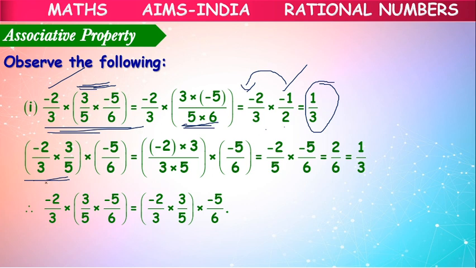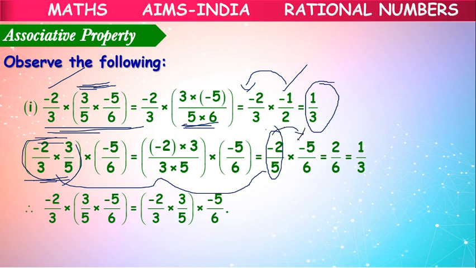If you change the order, the first and second rational numbers are grouped together, kept in brackets, and simplified first. We have got -2/5. That is multiplied with the third. Then also the result is 1/3. Means we have changed the order while multiplying three rational numbers, but still the result is the same.